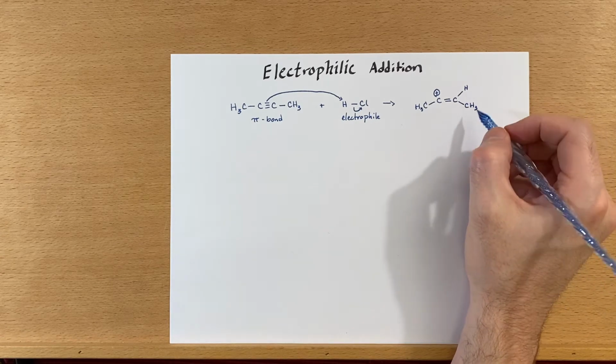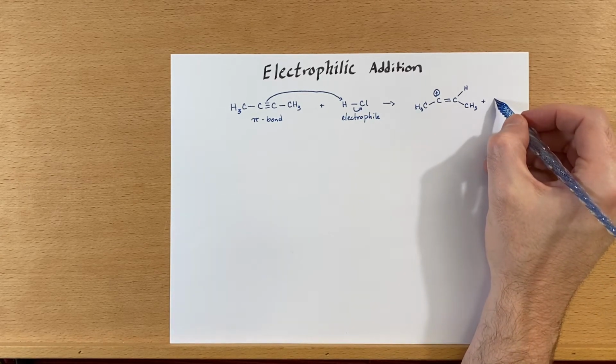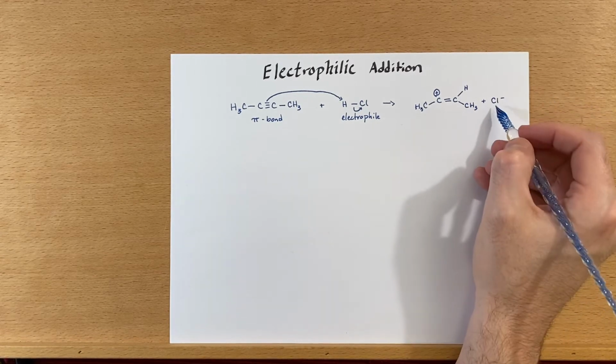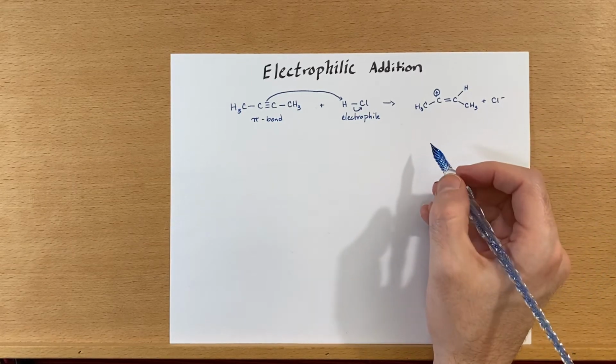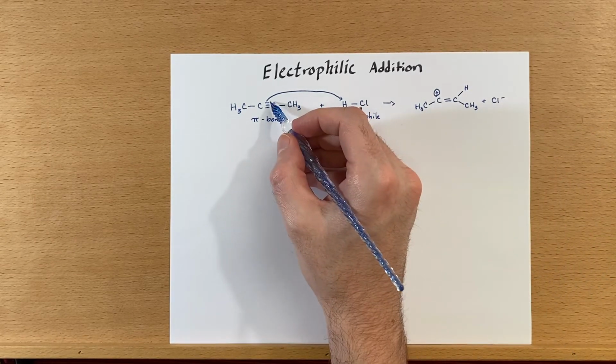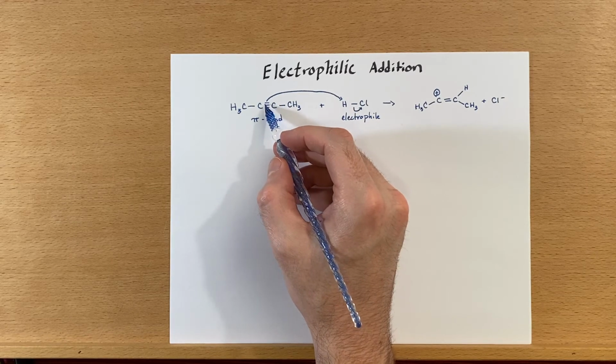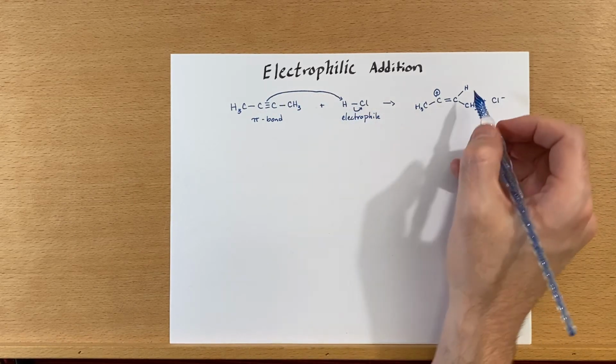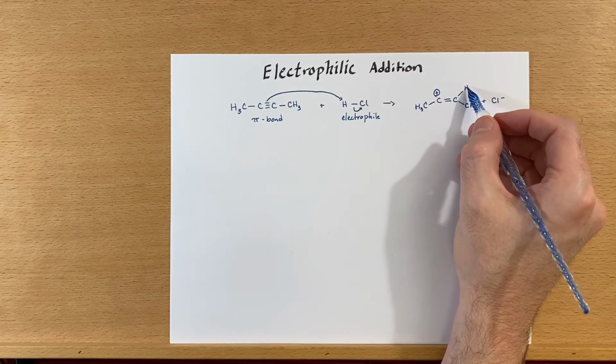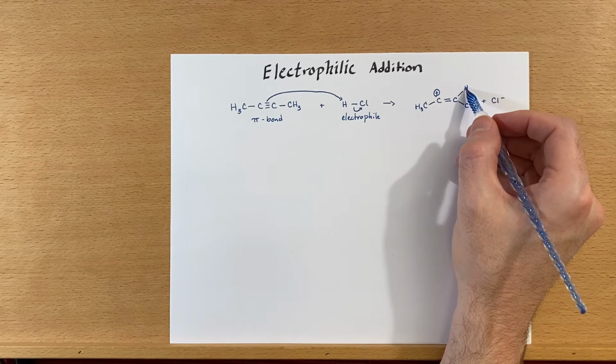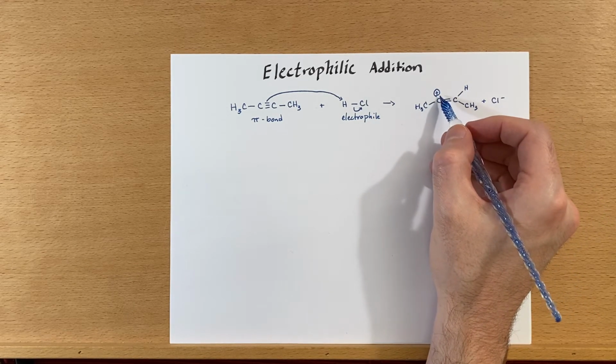It's a symmetrical molecule, so not important there. Plus our leaving group that left. So we have the electrons from this bond attacking this proton, makes this new bond between the carbon and the hydrogen right there, the proton, and the positive charge ends up over here.